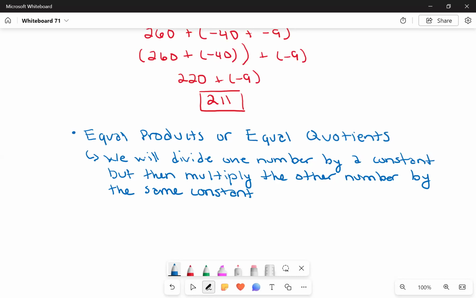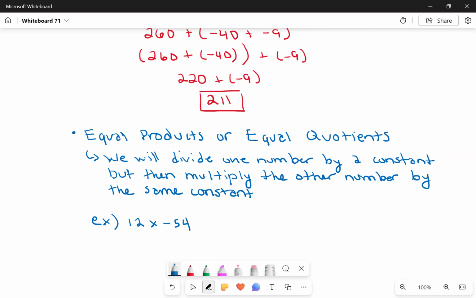Okay, let me give you an example. And this one is best by example. Let's say I have 12 times negative 54. That's a very difficult thing to multiply in my head.